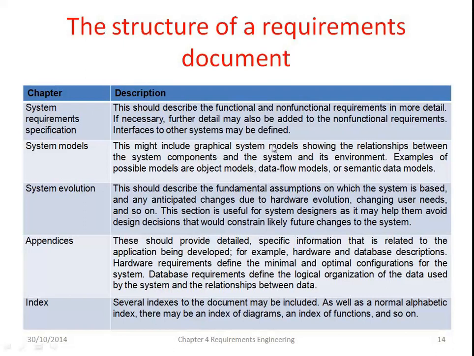It might be a graphical system model showing the relationships between the system components, that is, the relation between one component and another, and the system and its environment. Then system evolution, appendices, and index. Last is the index. Several indexes to the document may be included, as well as the normal alphabetic index. There may be an index of diagrams, an index of functions, and so on.